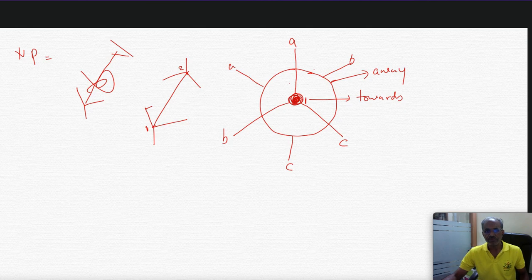So on the circumference of this circle, 3 lines are drawn, 3 bonds are drawn. That indicates it is the carbon atom on the far side, away from the observer. The carbon atom towards the observer is denoted by a dot, but the one away from the observer is denoted by a round circle, and 3 bonds here.